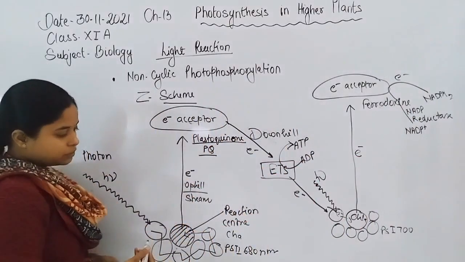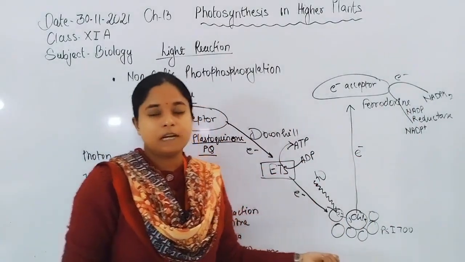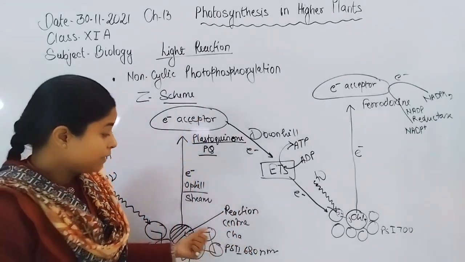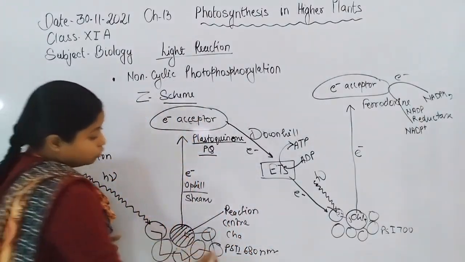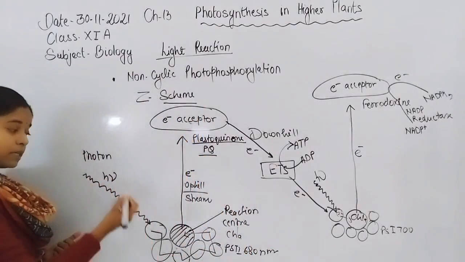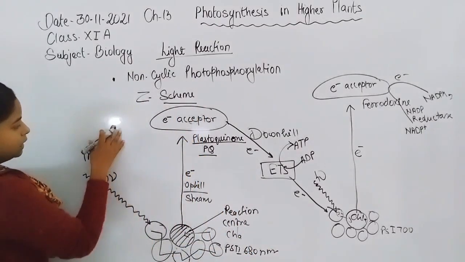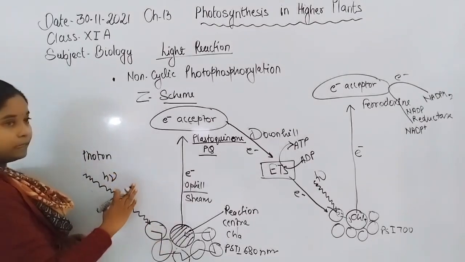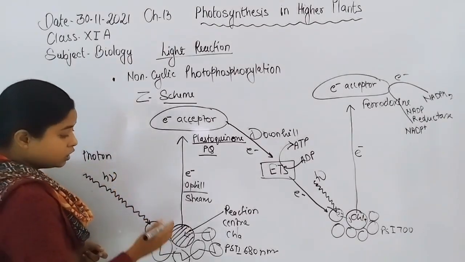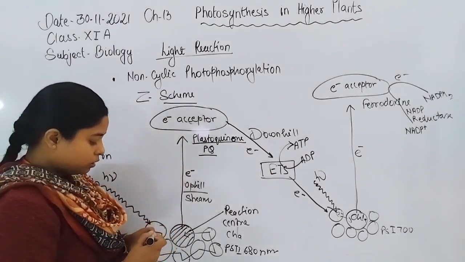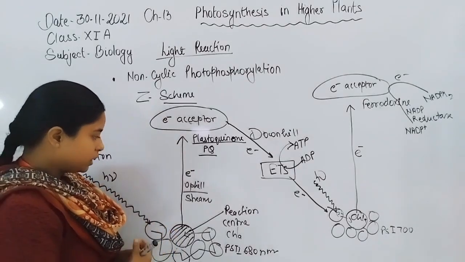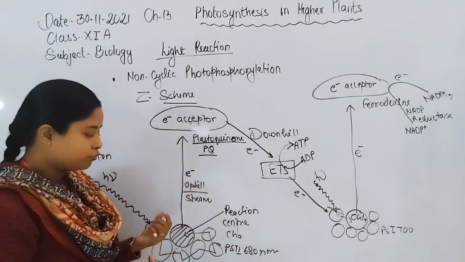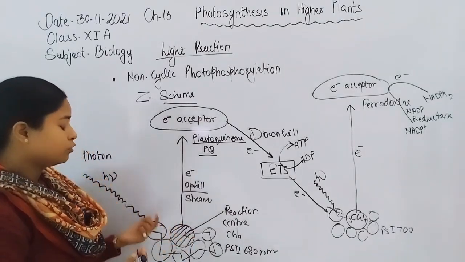Photosystem I is slightly present towards the matrix region of the thylakoid membrane. Because chlorophyll A emits the electron, there is no substrate to pass the electron back, so after some time there is a lack of electrons at the site of chlorophyll A.